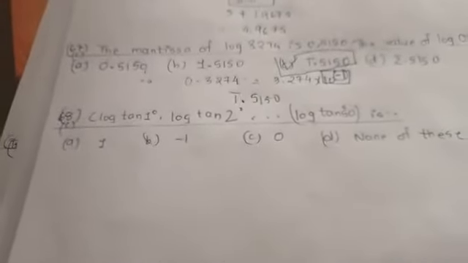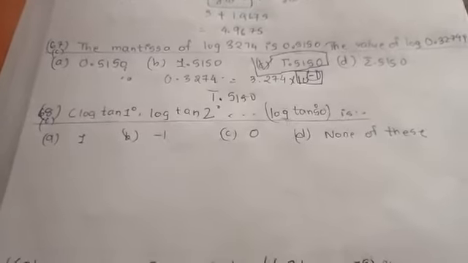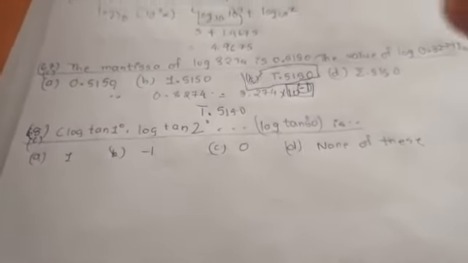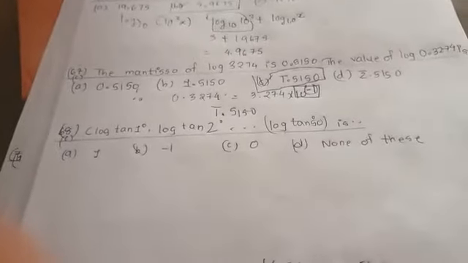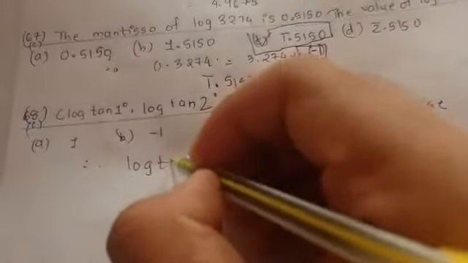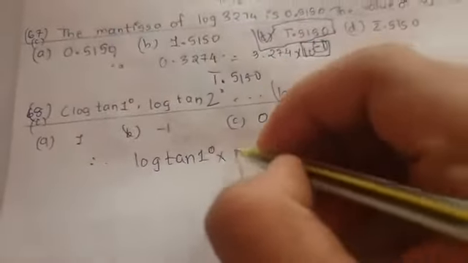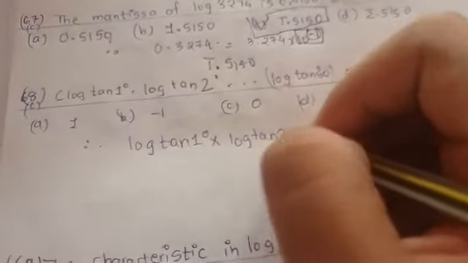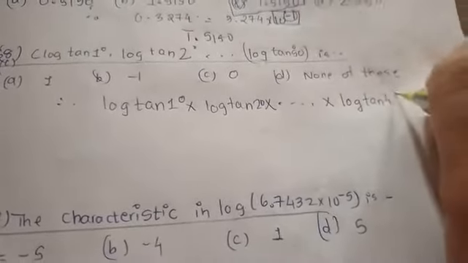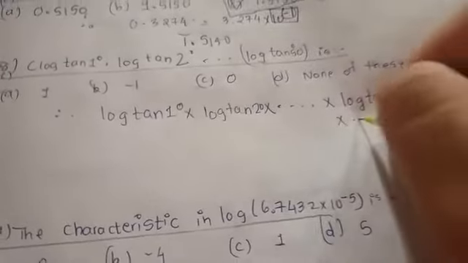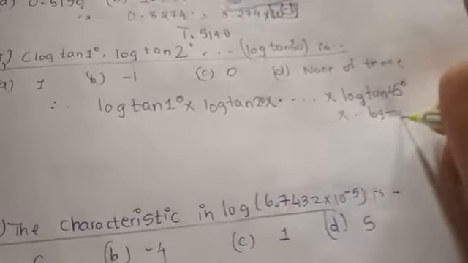68 question, if log of tan of 1 degree into log of tan of 2 degree till log of tan of 50 degree is. Now writing this expression, we get log of tan of 1 degree into log of tan of 2 degree, up to a point will come where we will have to calculate log of tan 45 degree, up to log of tan 50 degree.